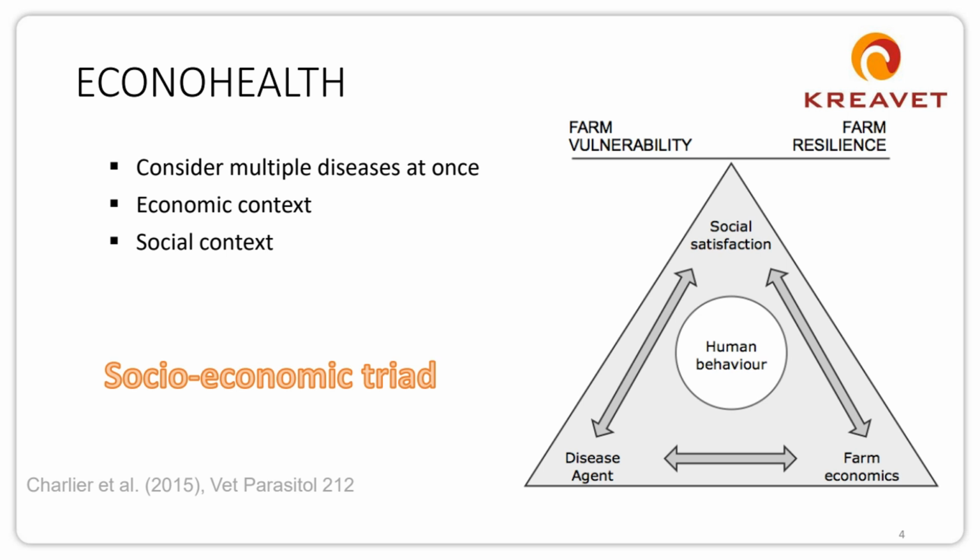And so what is important for us is complementing the epidemiological triad, where we think about the host, the pathogen, and the environment, but to widen it up to the socio-economic triad, where we still consider the disease agent, but where we think about managing the disease in a farm economic context and also considering social factors.